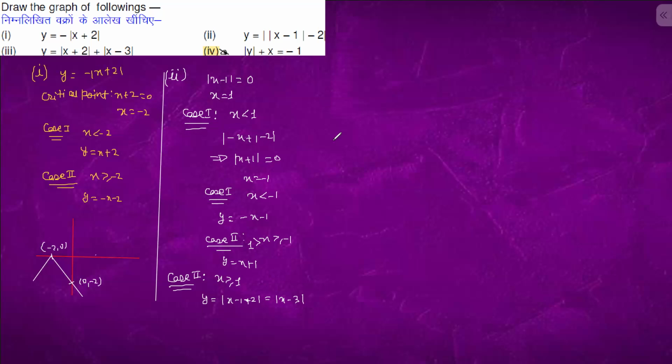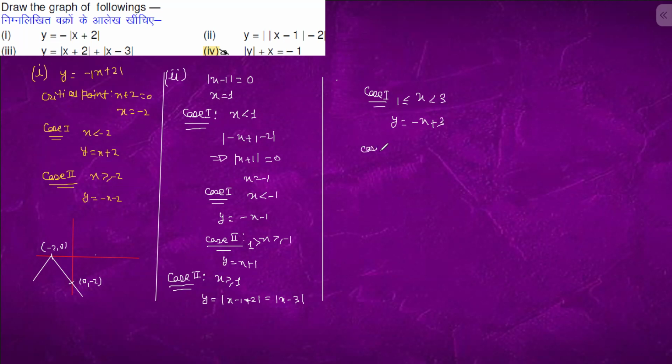It will fall into case 1 when x is bigger than or equal to 1, less than 3. It will come out to y equals minus x plus 3. And case 2, x bigger than or equal to 3. It is y equals x minus 3.